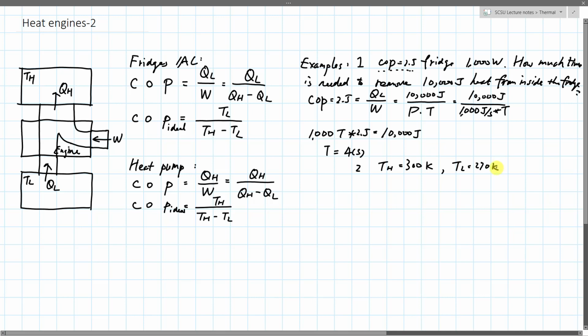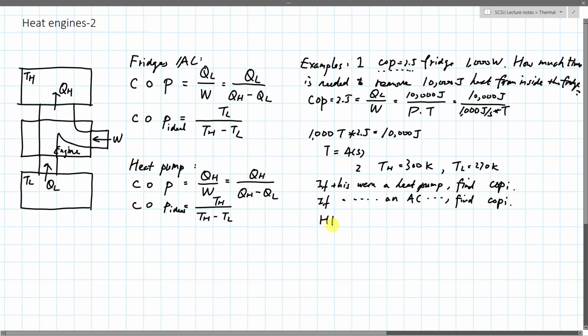We're talking about two separate situations. If this were a heat pump, we're trying to heat a room. Find the ideal COP. And if this were not a heat pump but an AC, basically the same heat pump run in reverse, find the COP in this case.